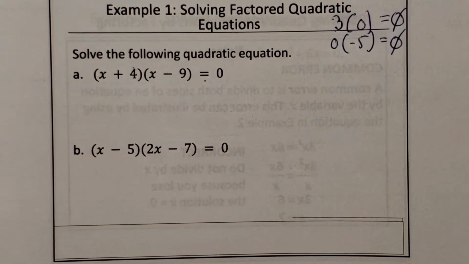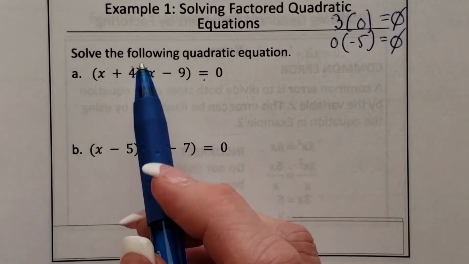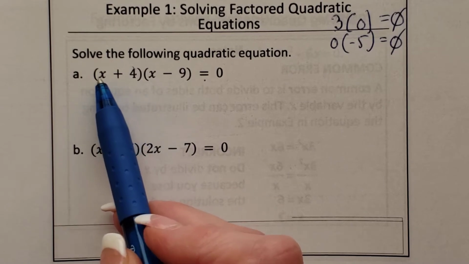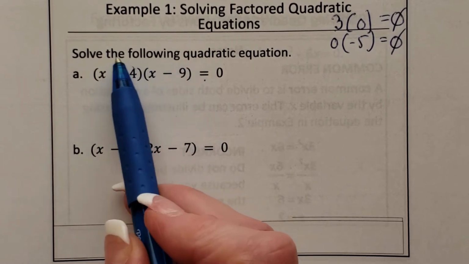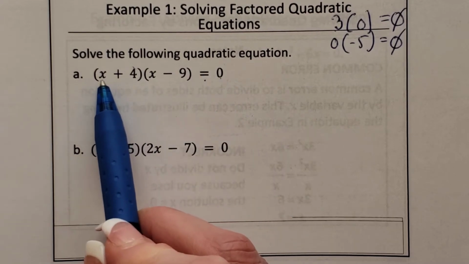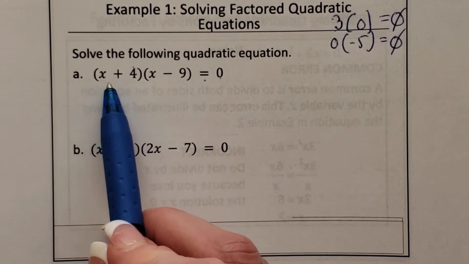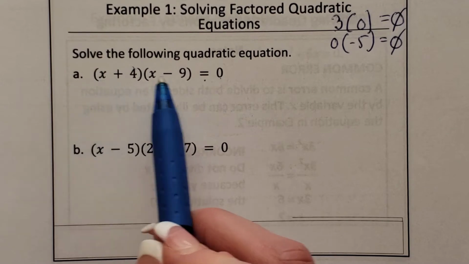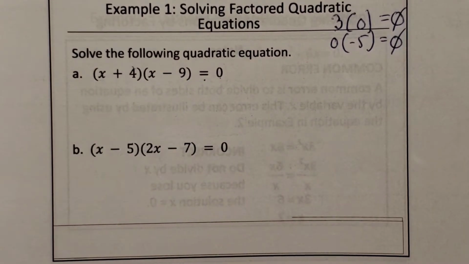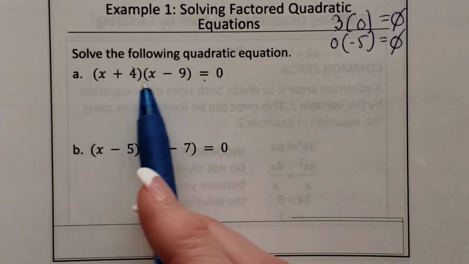So in order to figure out what x is, we want to know what x has to be to make this whole equation equal 0. So we don't want either this whole expression or this whole expression. If either one of those is equal to 0, then the whole equation will be true.